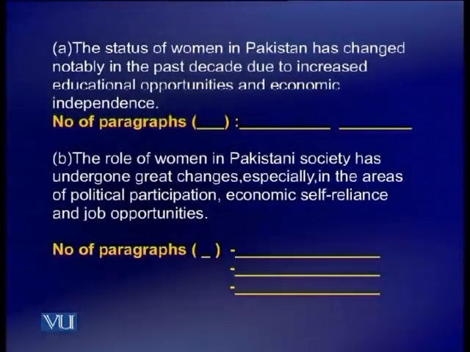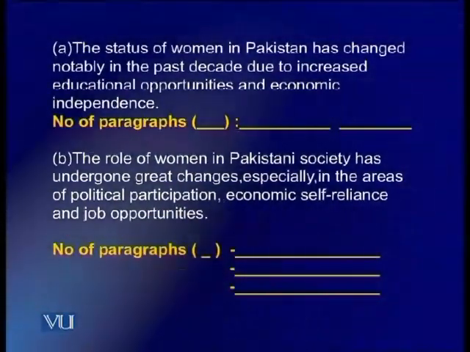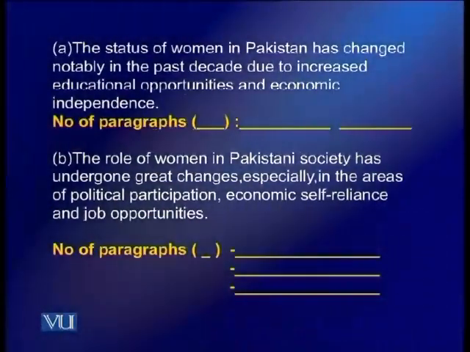Now, in that thesis statement, there is a hint about the number of paragraphs, and you are even told the subtopics. The subtopics are education, so there will be a paragraph on educational opportunities, and there will be a paragraph on economic independence.